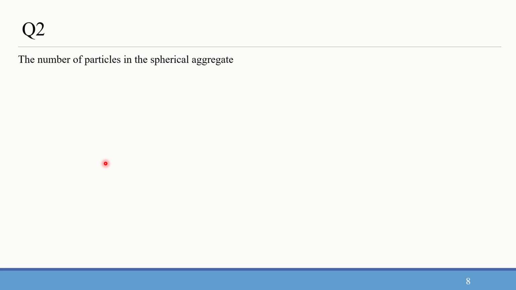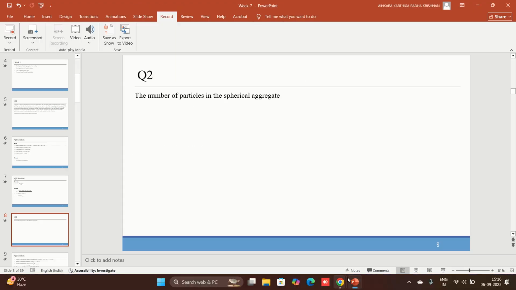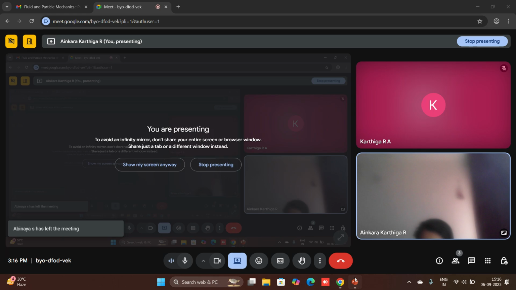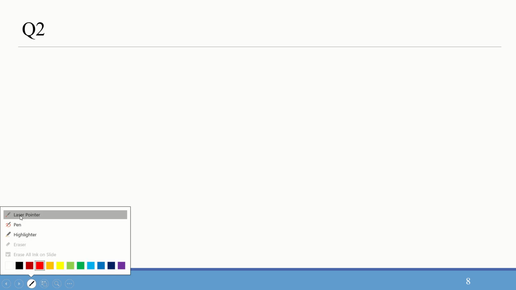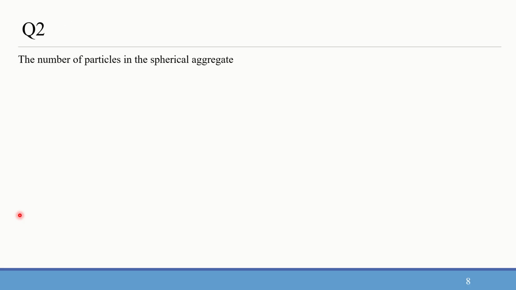The volume of the individual particle multiplied by the number of particles will give us the volume of the aggregate, into its packing fraction.